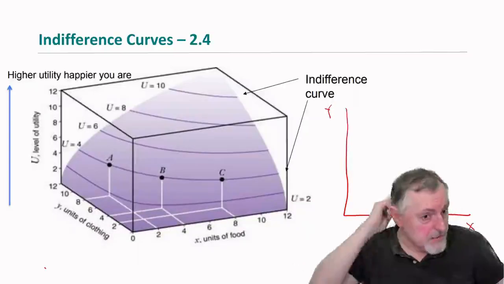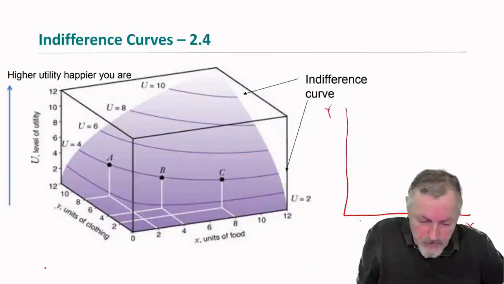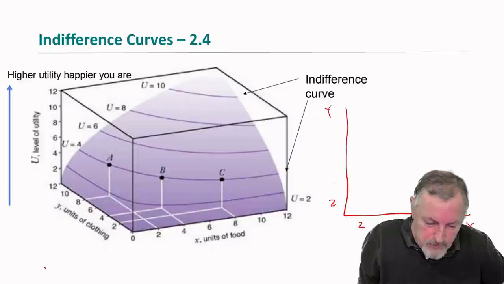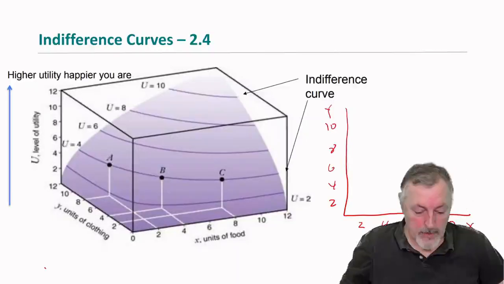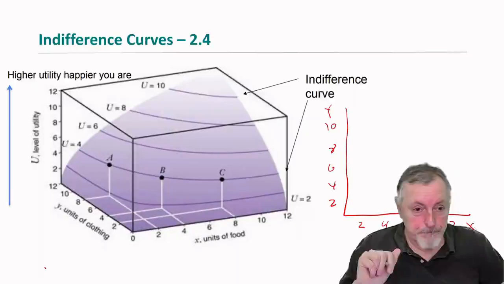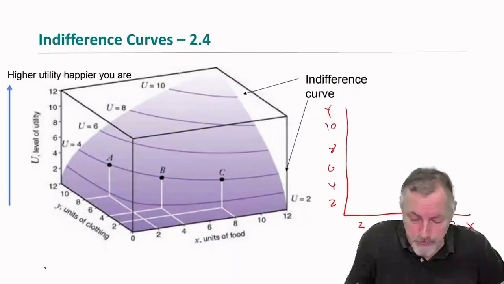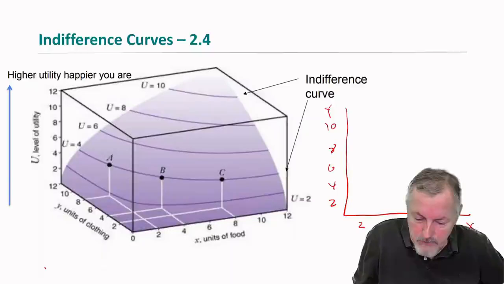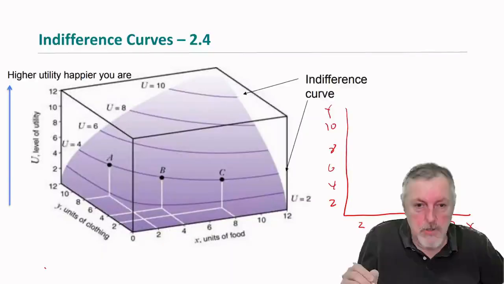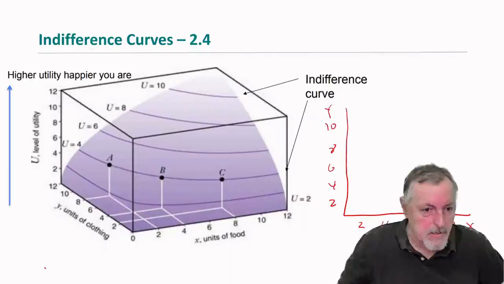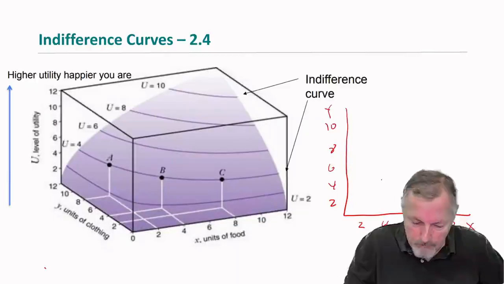Now let's plot these 3 points. 2, 4, 6, 8, 10, very roughly. Okay, point C, 8 units of food, 2 units of clothing. B, 4 and 4. A, 2 food, 8 clothing.